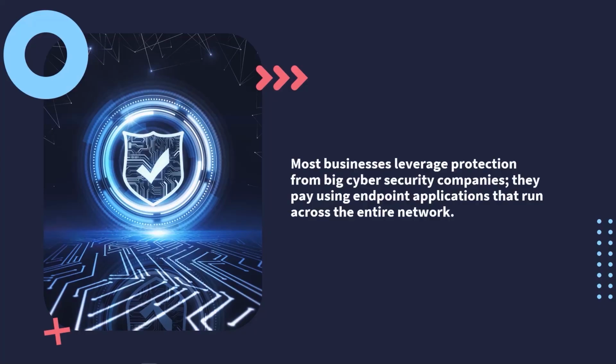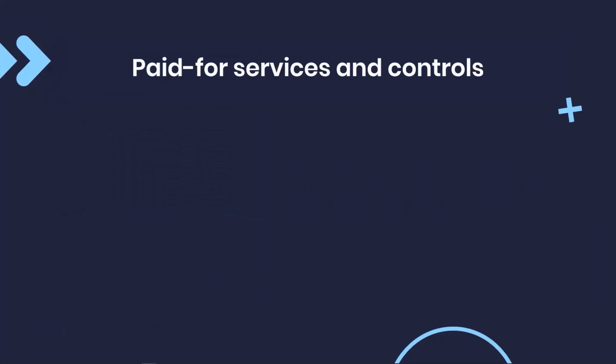Basically, they pay simply by using endpoint applications that run on the entire network across the organization. During Module 3, we will be going through various controls that can be put in place to secure an enterprise. But for now, we will just introduce you to them.